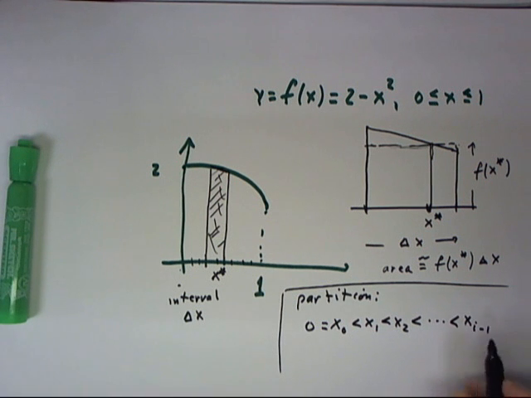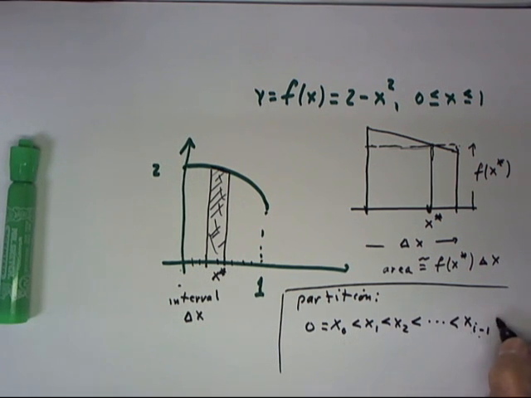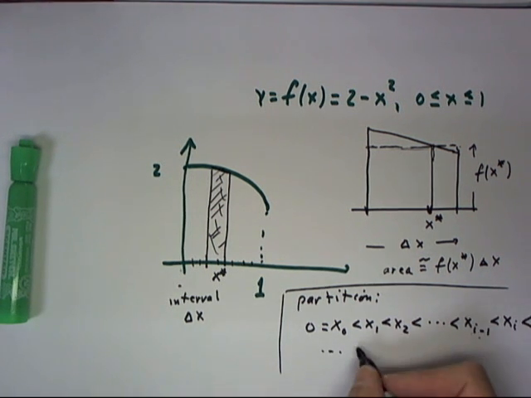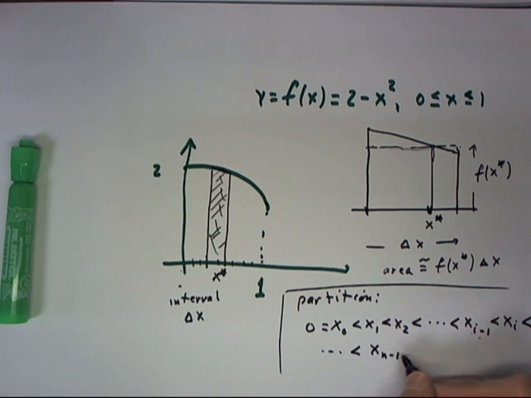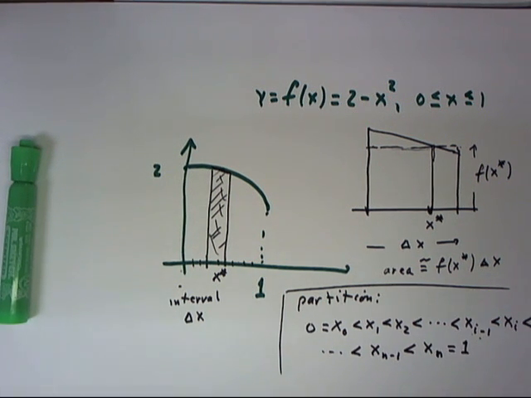We'll have some arbitrary interval that we consider to run from x sub i minus 1 to x sub i, and so forth, until we come down to the end of the interval at xn equals 1.